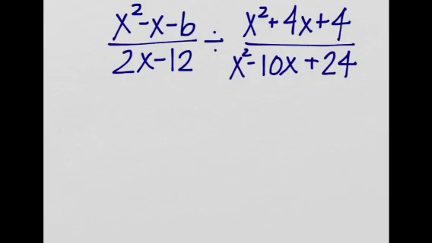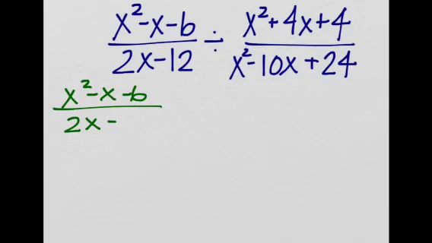x squared minus x minus 6 over 2x minus 12, divided by x squared plus 4x plus 4 over x squared minus 10x plus 24. So the first step here is we're going to flip the second fraction and change the operation to multiplication. So our x squared minus x minus 6 over 2x minus 12 stays the same.